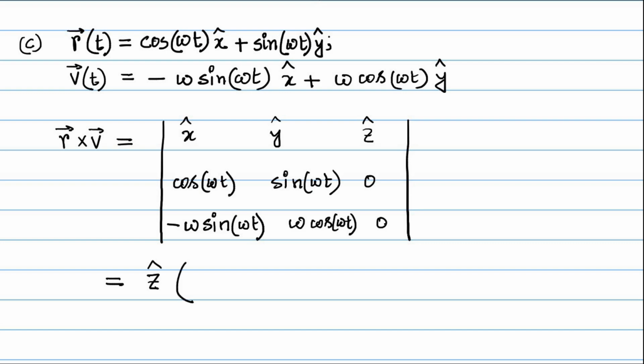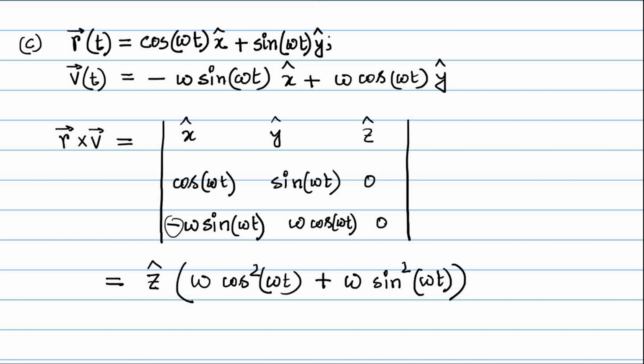So the coefficient of z hat is going to be omega times cosine squared omega t, and then you have a minus sign due to the rule of the determinant, and then you have omega sine squared omega t, and well, two minus signs make a plus, right?